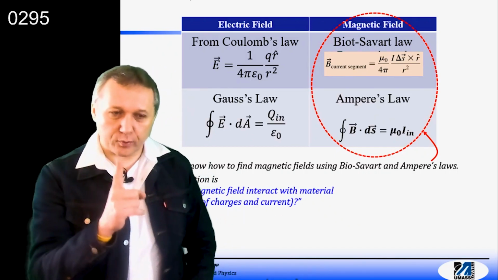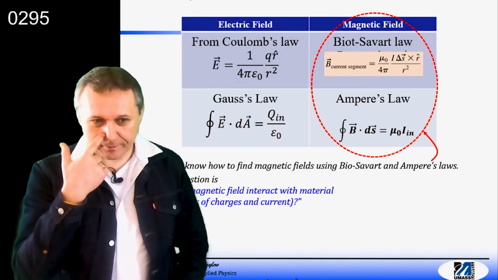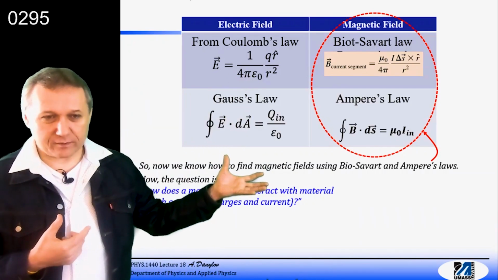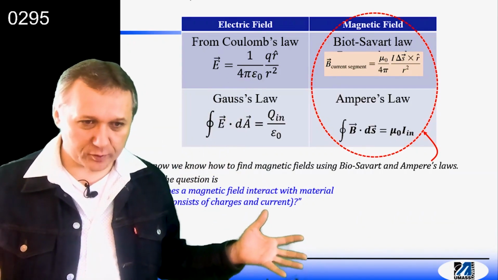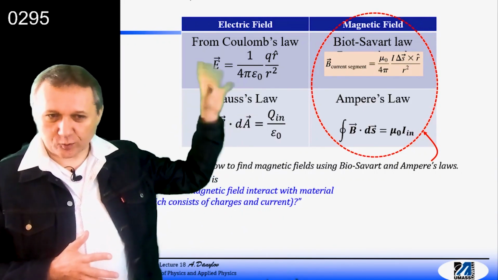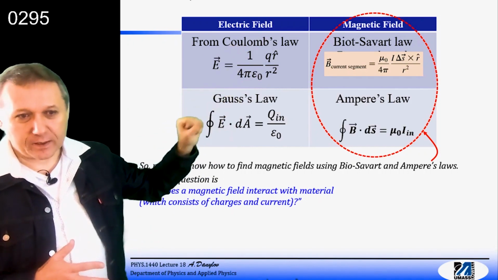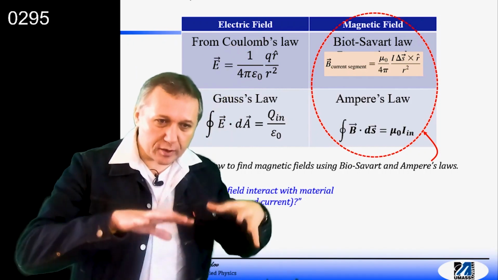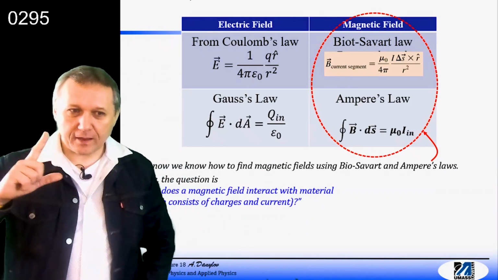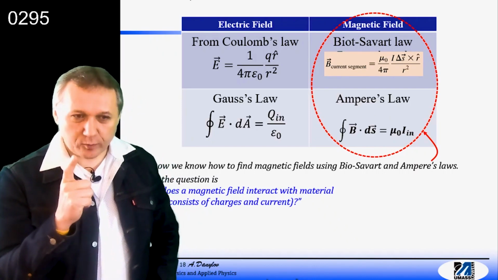And now what is still missing in our foundation of magnetism? A very, very important element of the foundation. Let's compare with the world of electricity, because there are lots of similarities between these two worlds. In the world of electricity, again, we had two ways of finding the electric field: Coulomb's law, first option, and then Gauss's law. And then, in order to complete the foundation of electricity, what else did we introduce? We introduced the electric force. Why do we need the electric force?